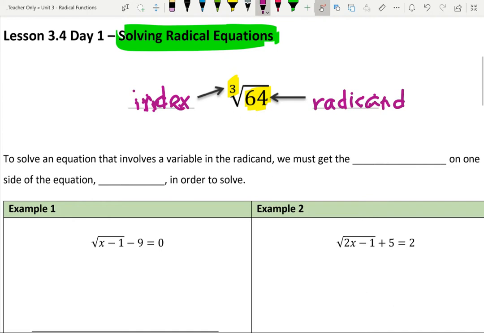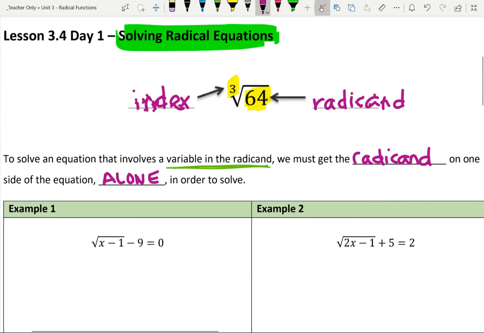For our work today, we're only going to be focusing on square roots, but in the future we may look at some other indices. So, to solve an equation that involves a variable in the radicand, this is going to be a little bit different from our other equation solving. What we need to do is get the radicand on one side of the equation all alone in order to solve.